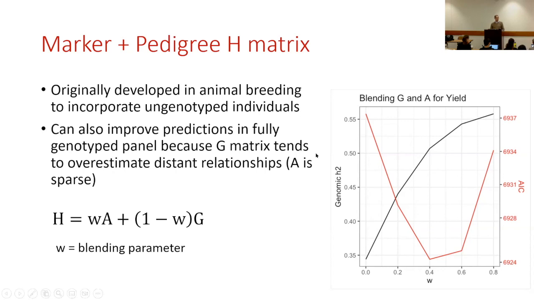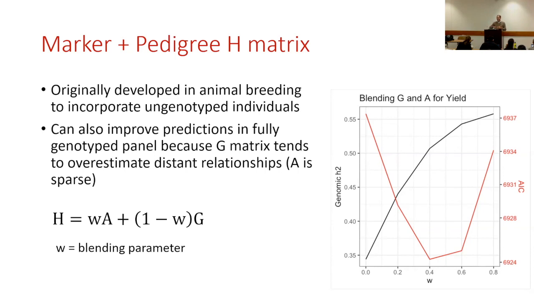If you don't blend the G matrix with the A matrix, you would conclude genomic heritability is only 0.35. But if you do this, you conclude it's more like 0.5, which is a non-trivial difference in an estimate. And the reason is the non-additive portion. I mentioned earlier how the A matrix tends to be more sparse. It has zeros for more distantly related individuals, and dominance relationships also tend to decrease more quickly with genetic distance.